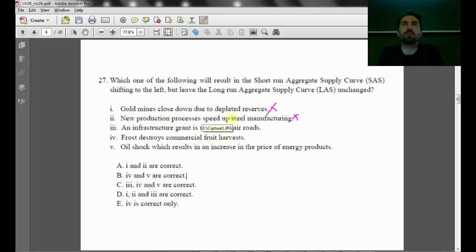If we repair roads, is it likely to change our productivity? If our roads are in better condition, we can transport goods and services quicker and at less cost. We're certainly going to be able to produce more stuff. We're going to be more productive.